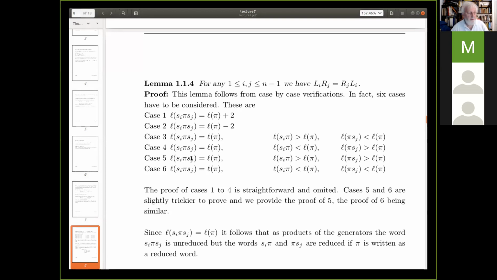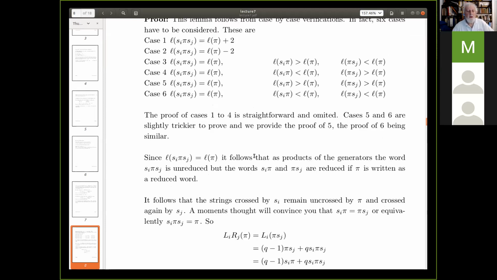And my little drawing, I hope, illustrates why that is true, because Si doesn't cancel on the left with pi, and Sj doesn't cancel on the right with pi. And then case 6 is similar, so we won't go into that.